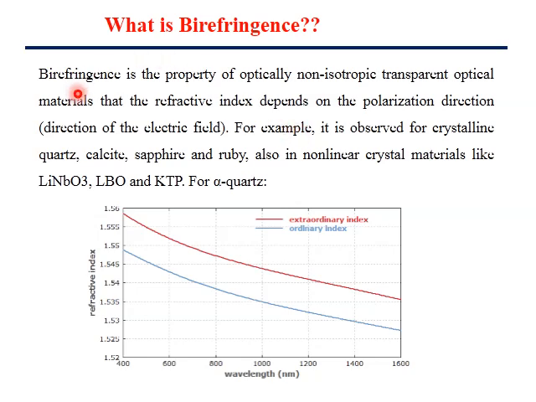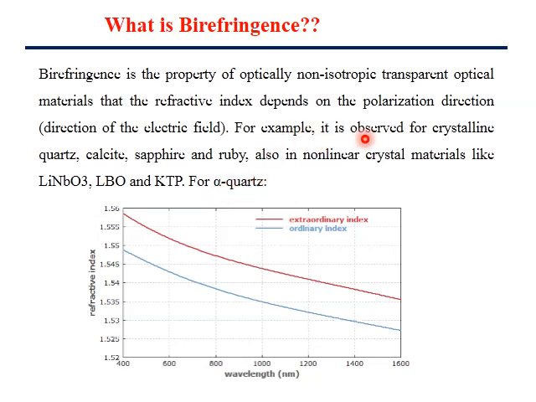Birefringence is the property of optically non-isotropic transparent optical materials that the refractive index depends on the polarization direction, that is, the direction of the electric field. So for the same material, there is an extraordinary index and also an ordinary index. This is just an example that I have shown here for alpha quartz material.